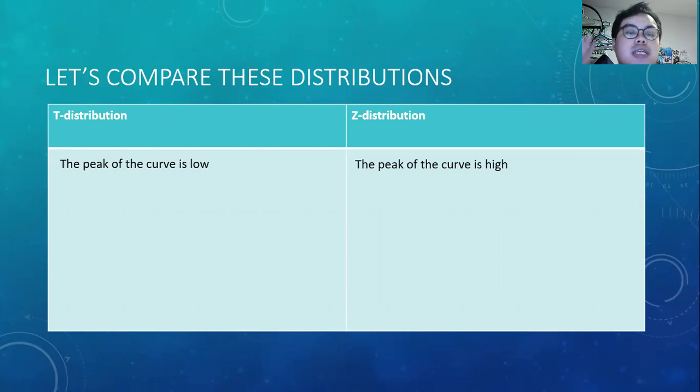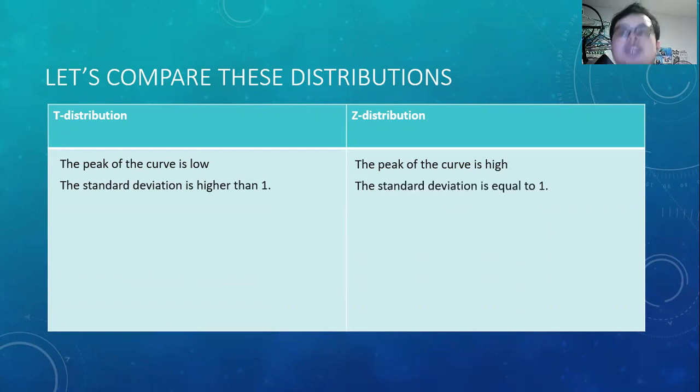So it means to say that the scores are much closer than in t-distribution. The standard deviation is higher than 1, like what I had mentioned. And here in z-distribution, the standard deviation is equal to 1. So based on these definitions, it is clearly implied that the t-distribution has a higher standard deviation.